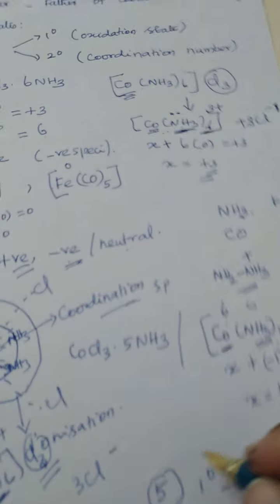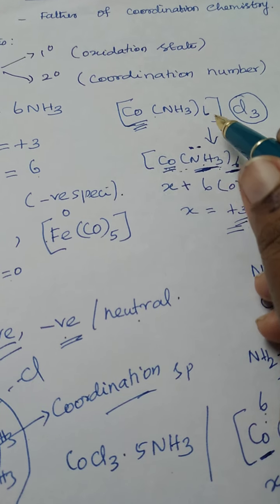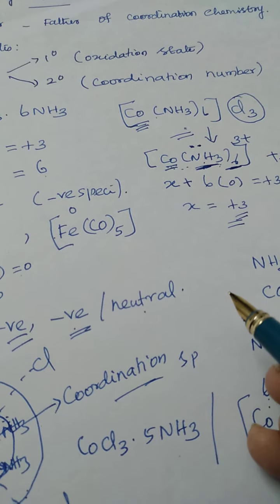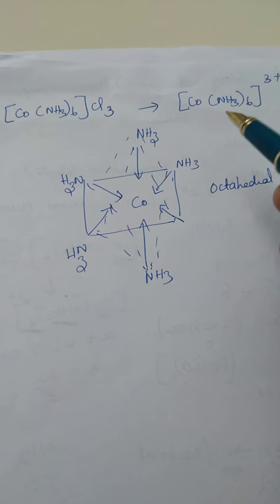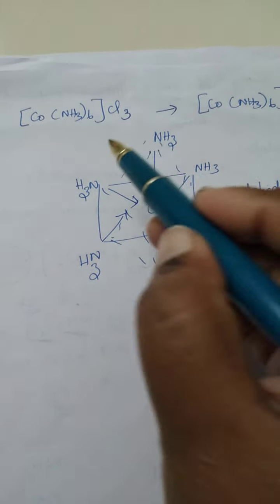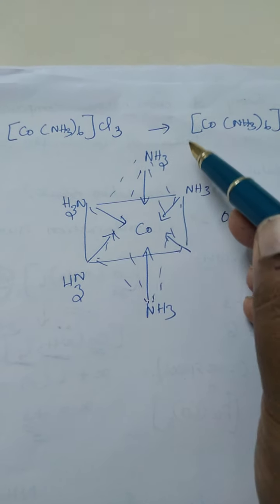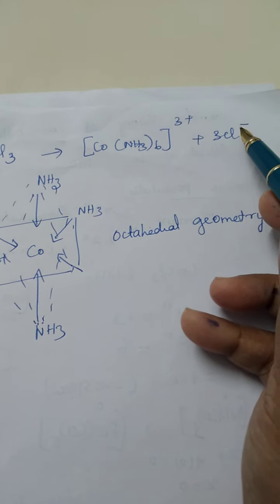For example, if I consider this, what's the secondary valency of this molecule? 6. So I can say this molecule's geometry is octahedral. So the primary valencies are non-directional, but the secondary valencies are directional. I have taken the example of [Co(NH3)6]Cl3. When it ionizes, [Co(NH3)6] 3 plus plus 3Cl minus.